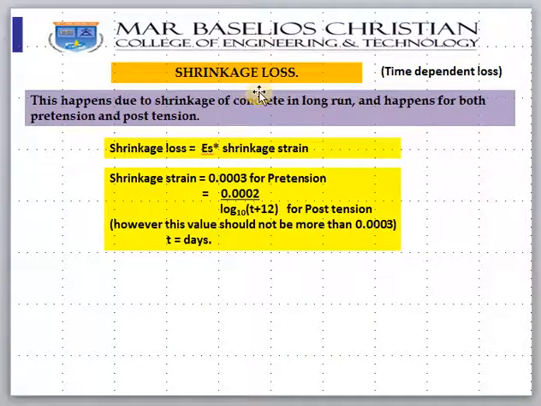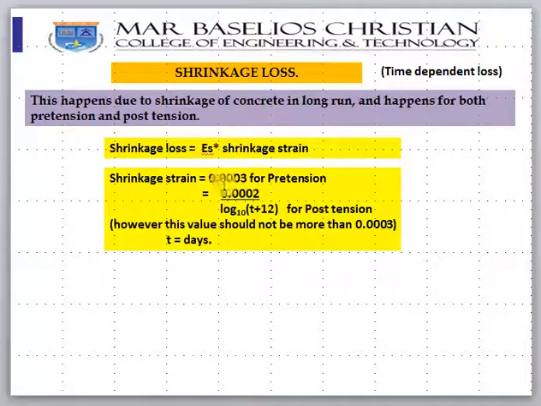Another thing is shrinkage loss. Shrinkage loss is due to shrinkage of concrete, when concrete shrinks over the course of time. Shrinkage loss is equal to Es, Young's modulus of steel, into the shrinkage strain.